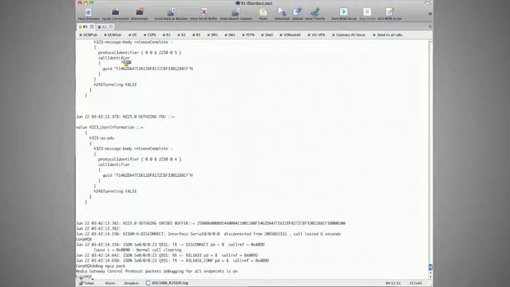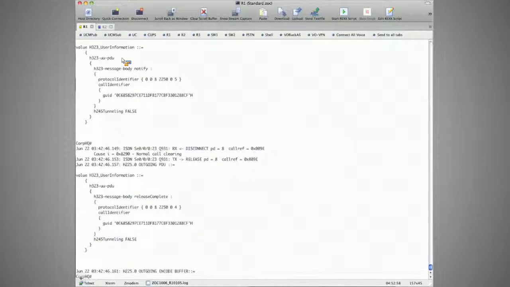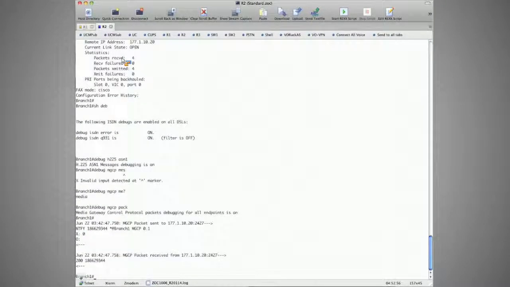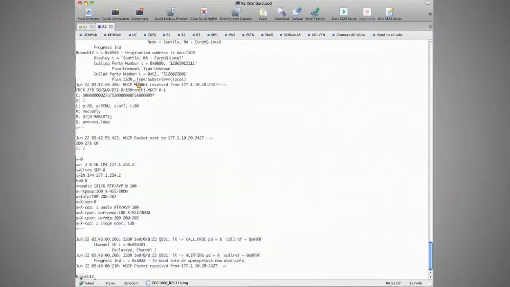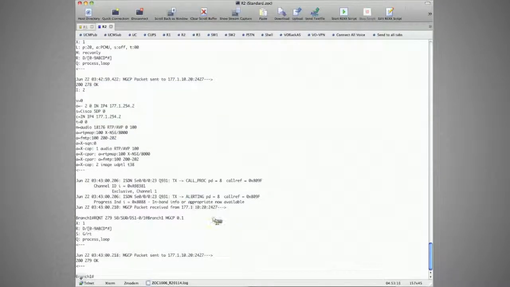Do that call again through H323. We see the H323 information, we don't see any MGCP. Let's call in from the PSTN in through the MGCP gateway, which is going to be 512.602.2001. We see our ISDN, and now we also see MGCP information, all ringing into Eloise. We could answer, but we don't need to.